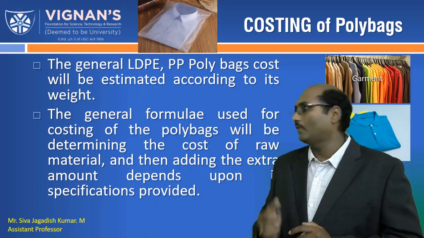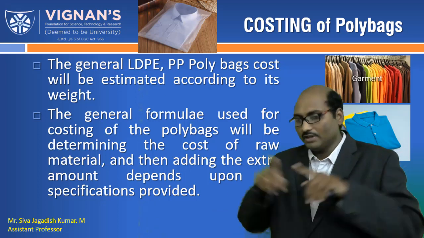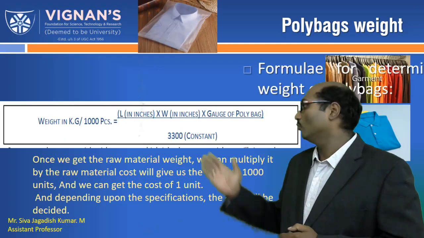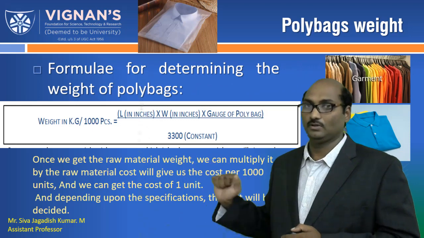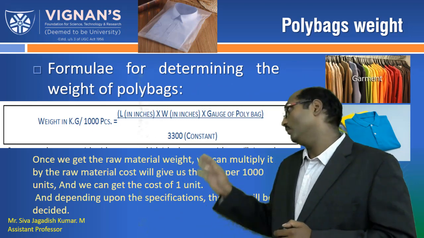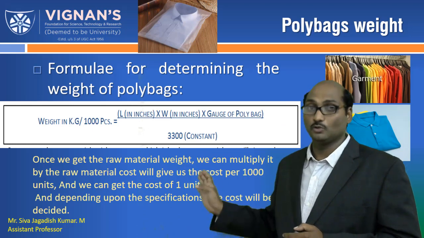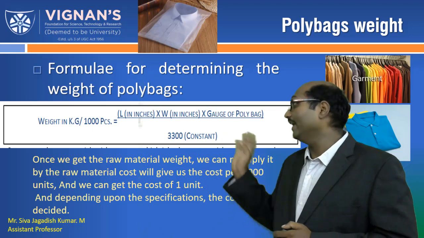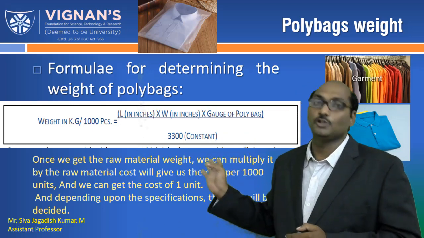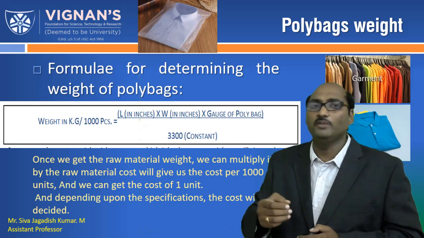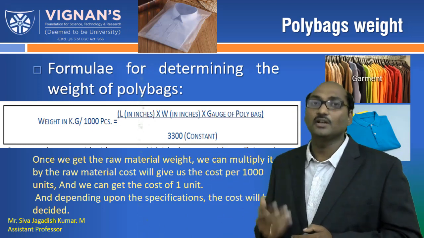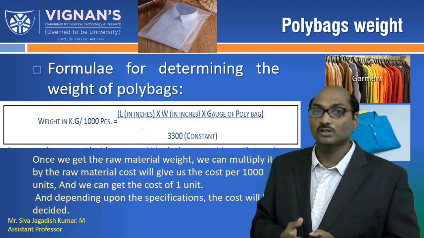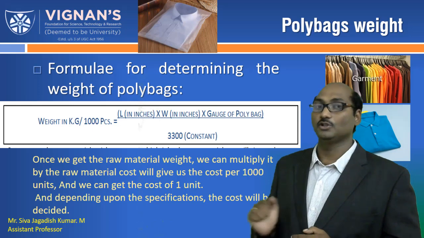The formula based on the dimensions for weight in kg per 1000 pieces is length of the bag in inches times width of the bag in inches times the gauge of the poly bag, divided by 3300. Depending upon the density of the polymer and other things, this constant has been determined.